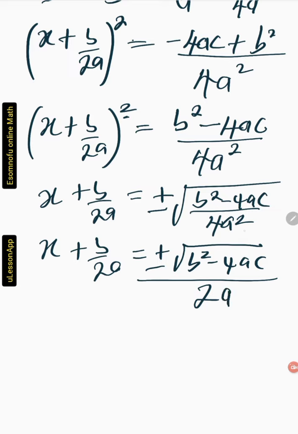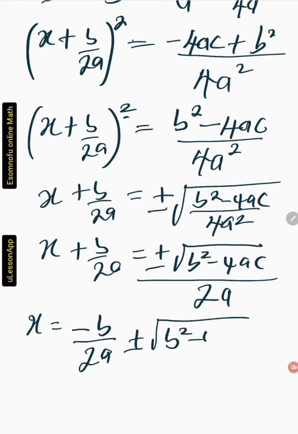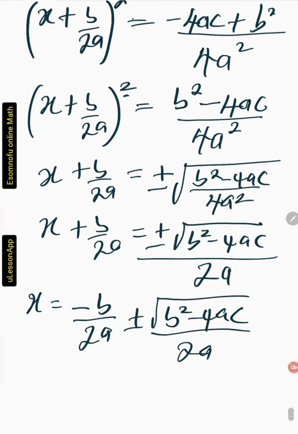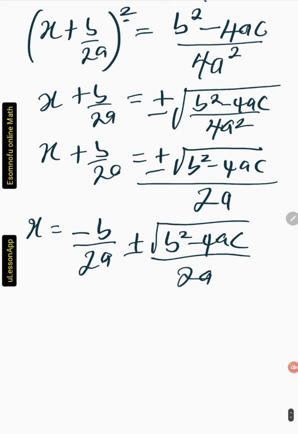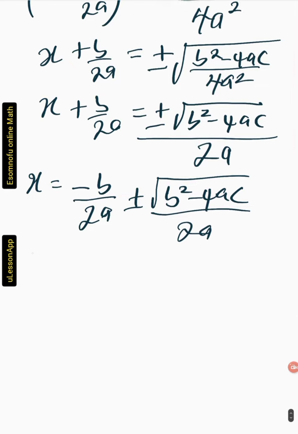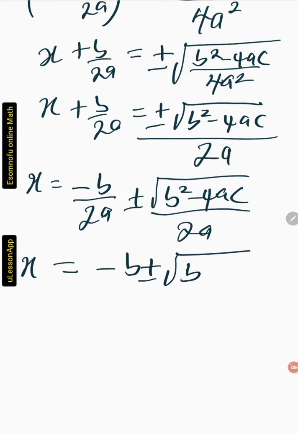Now, I can move this b over 2a at the left to the right, so we'll have that x is equal to minus b over 2a plus or minus square root of b squared minus 4ac all over 2a. You can see here that both fractions have the same denominator of 2a, hence you can add their numerators.